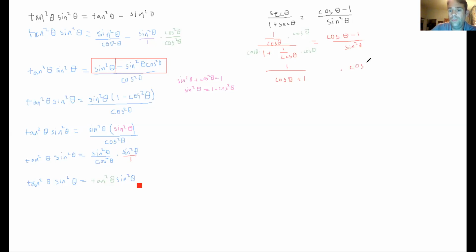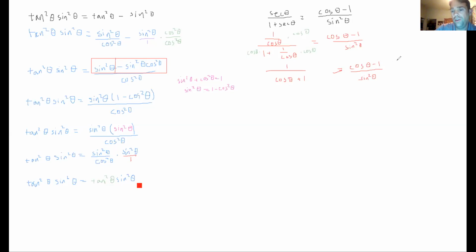So now, in English, we have context clues, where sometimes if you're trying to figure out the meaning of a word and you don't know what it means, you look at the context around it. Well, it's the same thing with trig proofs. At this part here, it doesn't look like there's much going on, but I can look at the other side of the equation and try to figure out what I'm looking for.